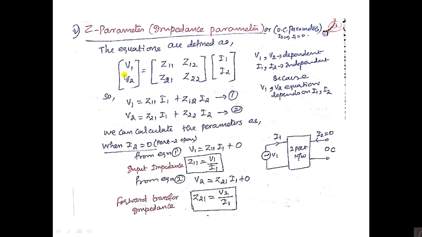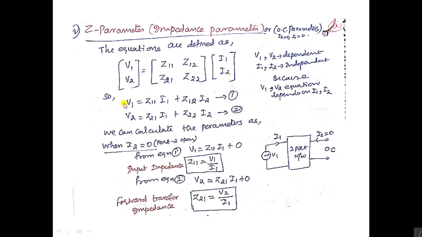The equation is [V1, V2] equal to the matrix [Z11, Z12; Z21, Z22] times [I1, I2]. Using this matrix, if you write the equations, you will get V1 equal to Z11 I1 plus Z12 I2. Then V2 equal to Z21 I1 plus Z22 I2.